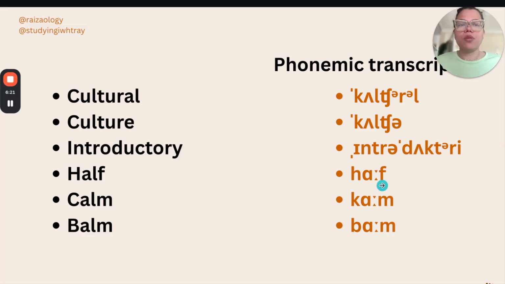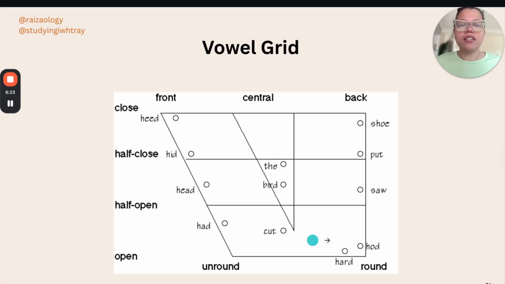Now the next one, and we have a long R. And if you see here in the vowel grid, this is where the long R is, so hard in British English. So your mouth is open. Your tongue, which is represented by the horizontal lines, is pulled back. So this is the back. That's why it's written back here. So open back, and it's not rounded.